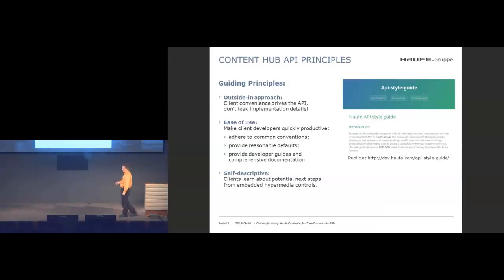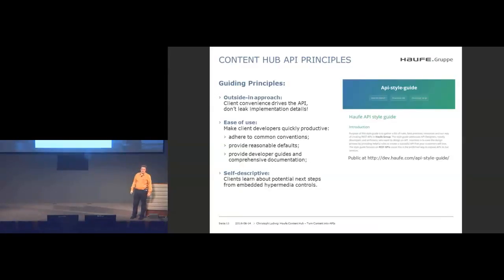It must never matter what's easier to implement on the inside of the service. And even more important, the implementation must never leak out through the API. So in our case, you will never see a MarkLogic namespace or stuff like that. It's all hidden behind the API. Second, ease of use.